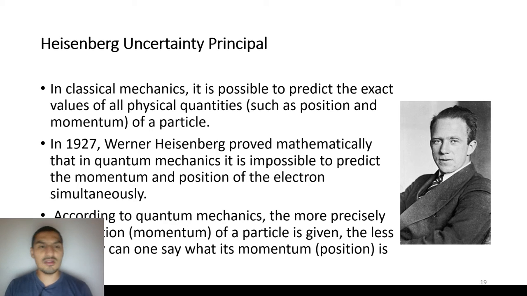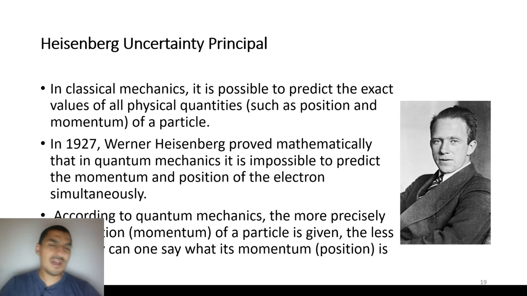It's not a big deal. You can do this easily. But in quantum mechanics, according to Heisenberg's equation, it's impossible to predict the momentum and the position of the electron at the same time. His equation said that if you increase the precision of the calculation of the position, then the calculation of the momentum or the speed is going to be very low. So you can get either this or this.